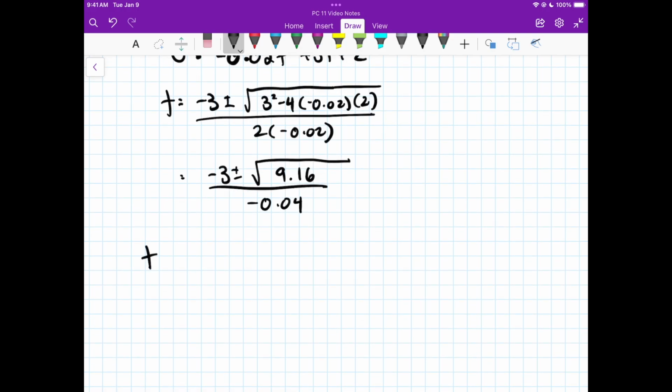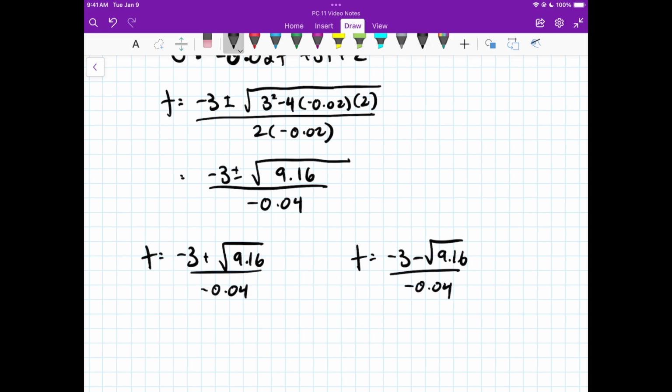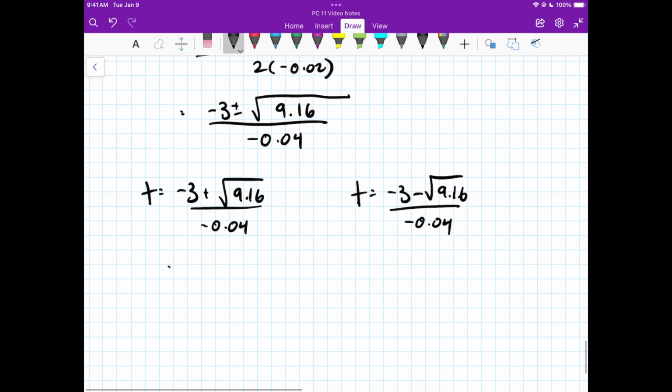So our two solutions are either t is negative 3 plus root 9.16 over negative 0.04, or t is negative 3 minus root 9.16 all over negative 0.04. The solutions you get from those are negative 0.66 or 150.66.